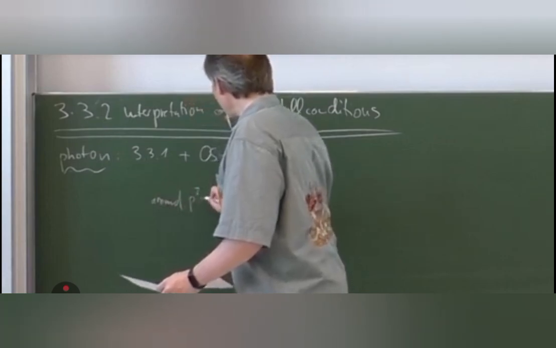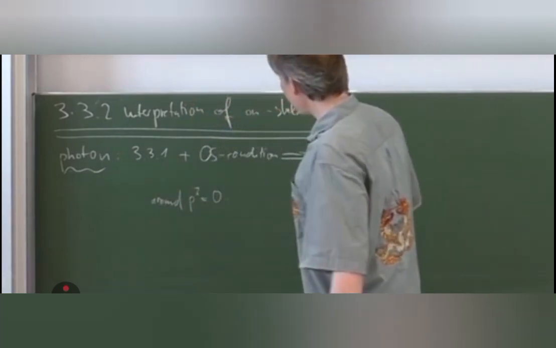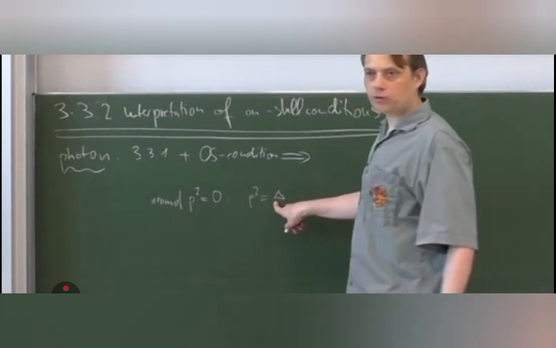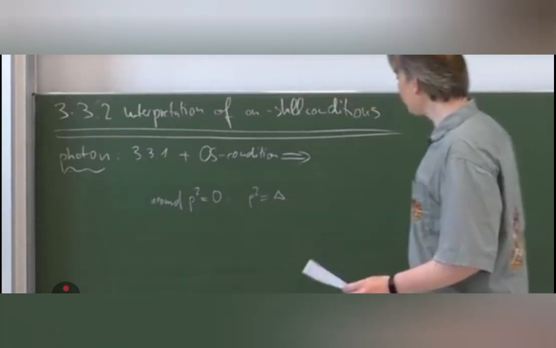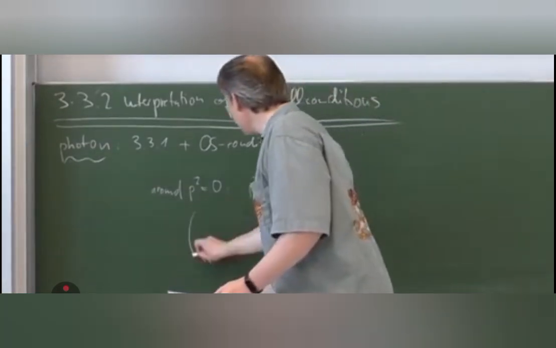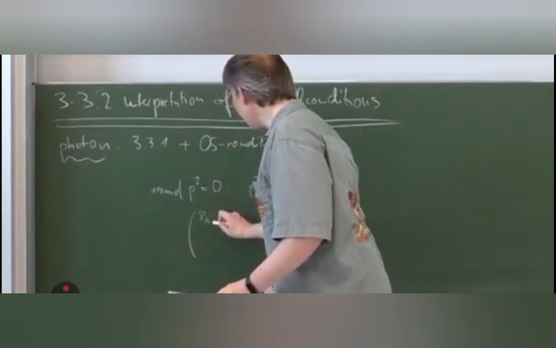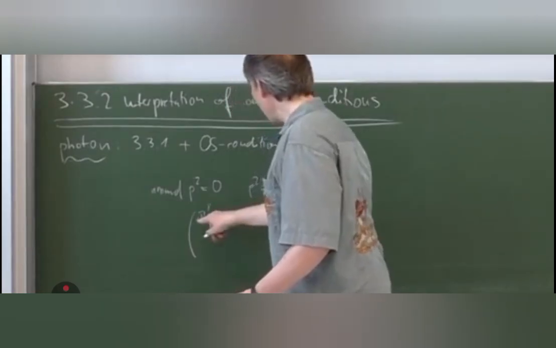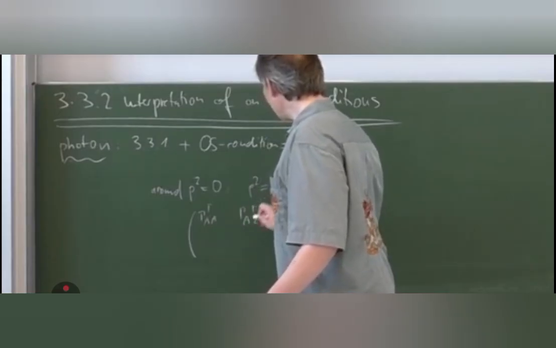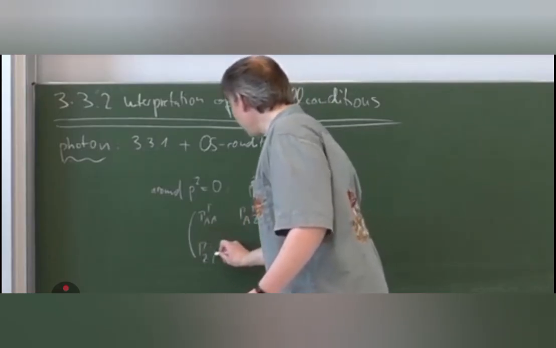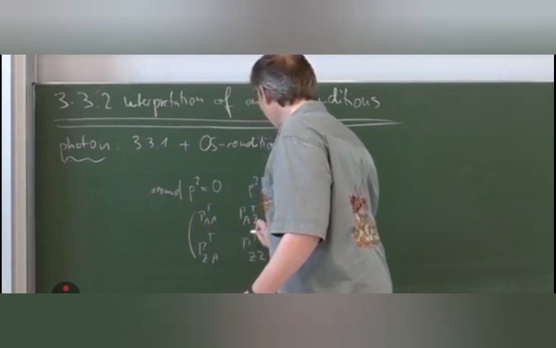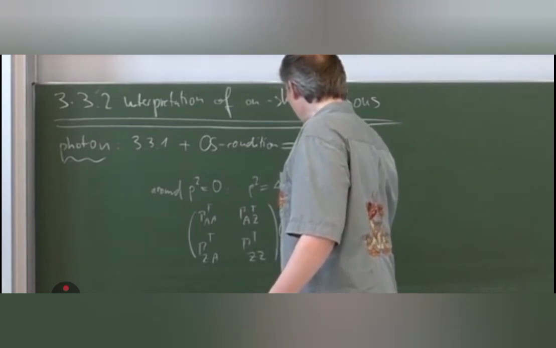around p square equals 0, let's say p square equal a small quantity capital delta, which is small. Then what do we know about our transverse self-energies? So this matrix here of transverse two-point functions, gamma AA transverse, gamma AC transverse, gamma CA transverse, gamma CC transverse as a function of p square.